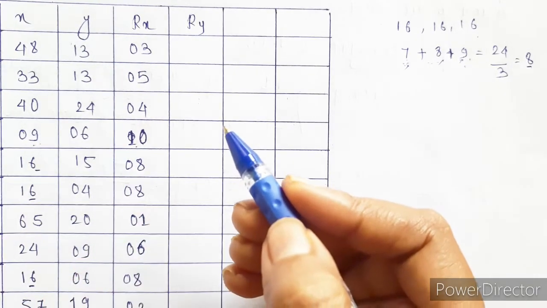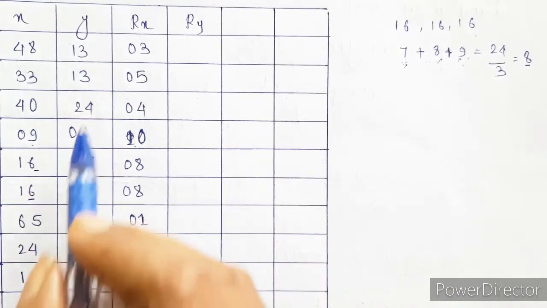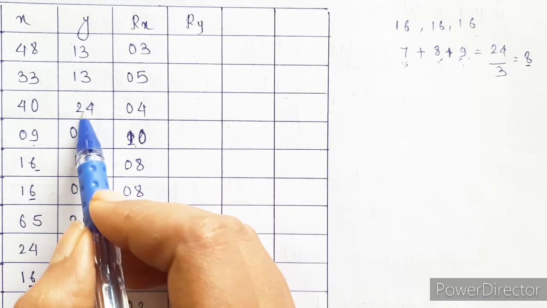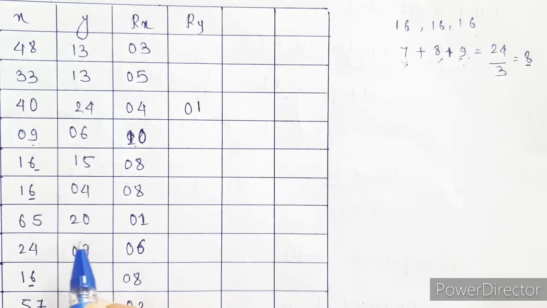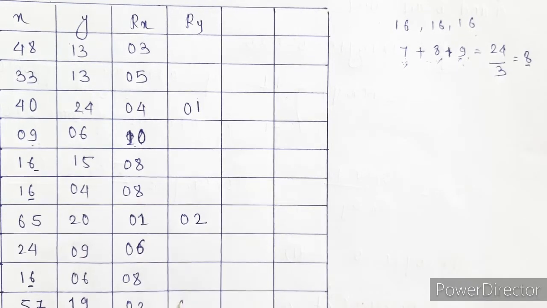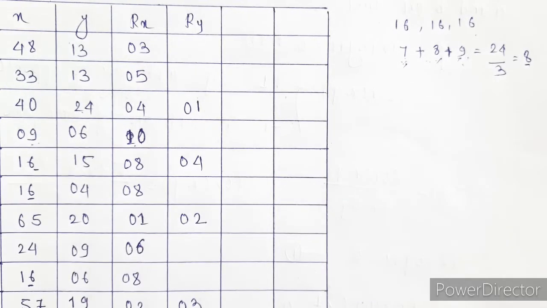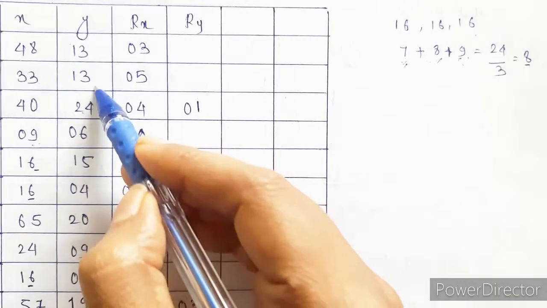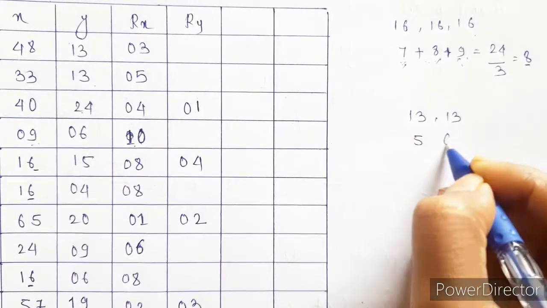Now let us move on to rank of y. Here the highest value is 24, so it will get rank 1. Now second highest is 20, so this will get rank 2. Then we have 19, so this will get rank 3. After 19 we have 15, so this will get rank 4. Now after 15 we have 13, but 13 is repeating twice, so these 13s will get ranks 5th and 6th.